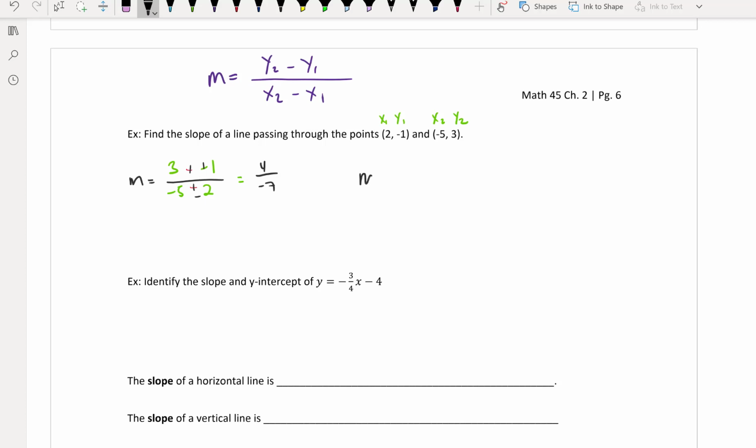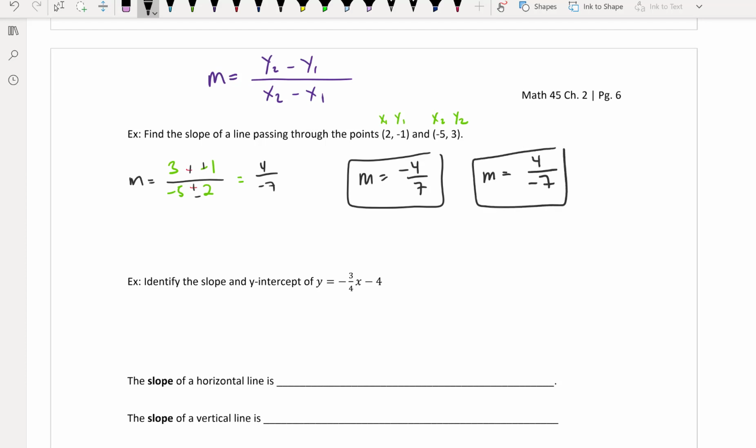So I can say with confidence that my slope is going to be -4/7. And you might be thinking, wait, how did she do that if the slope that she calculated was 4/7? So you might have realized where the negative sign is. It does not matter where the negative sign is.